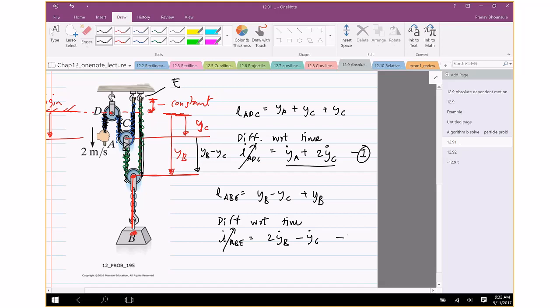So now I have, that's my first expression, this is my second expression. I have one relating A and C and another one relating B and C. All I've got to do is eliminate YC dot.